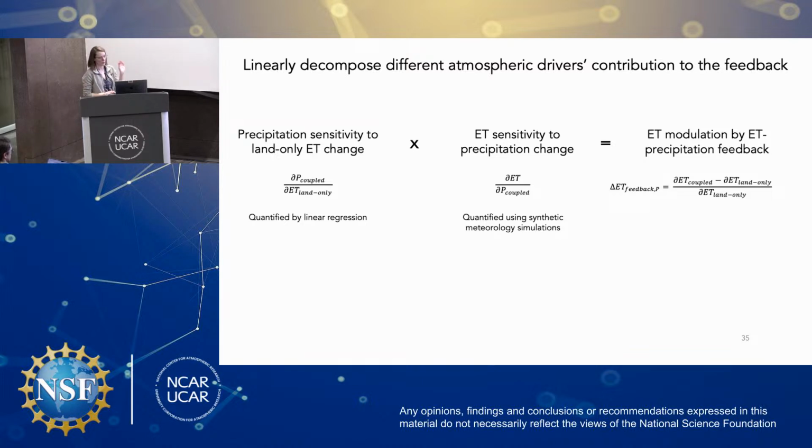As an example, to quantify the contribution from precipitation feedbacks, we start with the precipitation sensitivity to evapotranspiration, which we quantify with simple linear regression of the coupled atmospheric response to the land-only evapotranspiration change. We multiply that by the evapotranspiration sensitivity to precipitation, which we diagnose from these synthetic meteorology simulations. That gives us the modulation by this ET-precipitation feedback. And we did this for every month of the year.